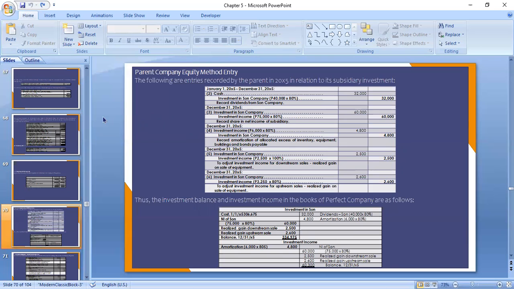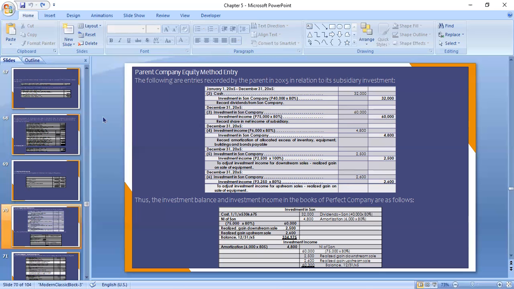And on December 31, 2025, we debit investment in Sun and credit investment income. Record share in net income of subsidiary.